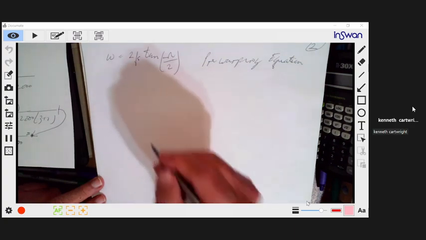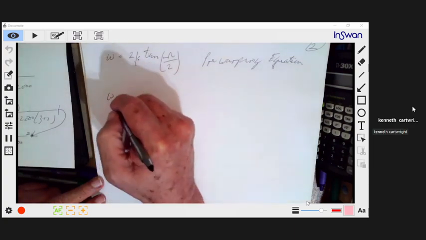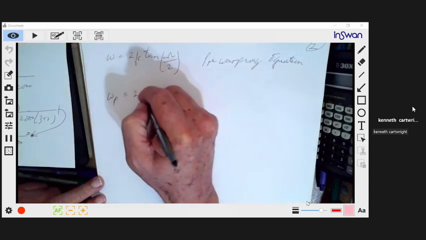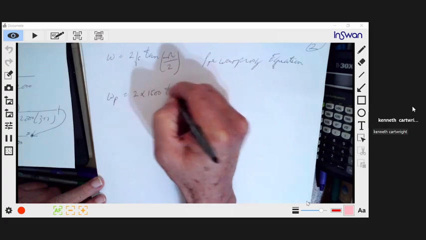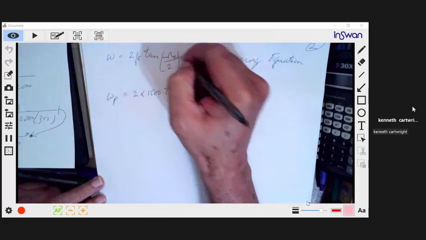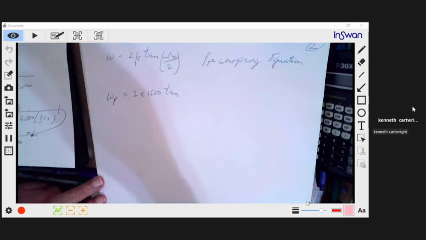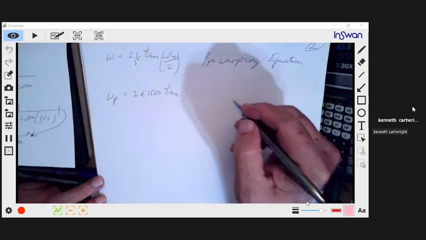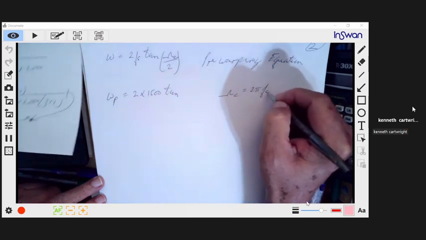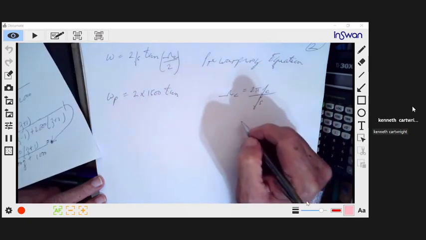So warp, omega p, is 2fs, and fs is 1500. And now omega c here is the cutoff frequency of the digital filter. So remember that was 2 pi fc over fs.